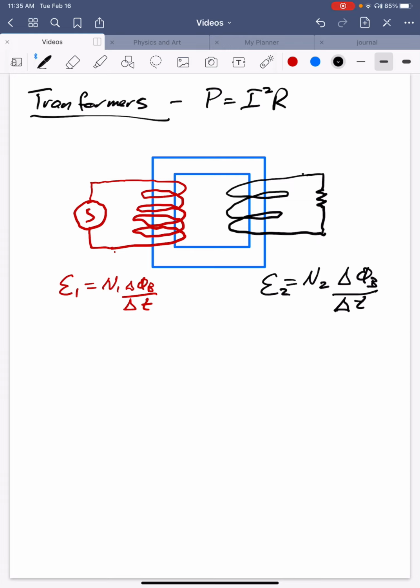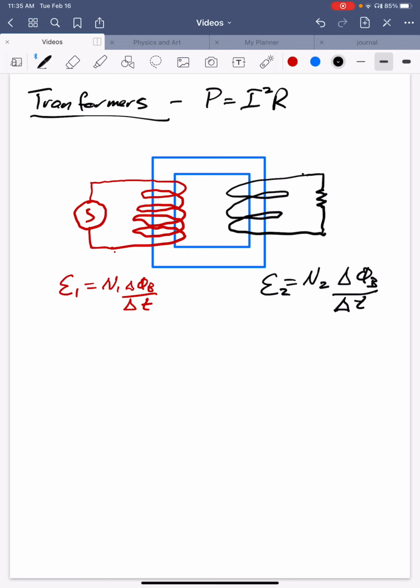But in the house, we have a 120 volt supply. And when we talk about AC currents, we're not usually saying 120 volts is the maximum voltage, but it's the RMS or root mean square voltage. So the maximum or peak voltage would be 120 times the square root of 2.